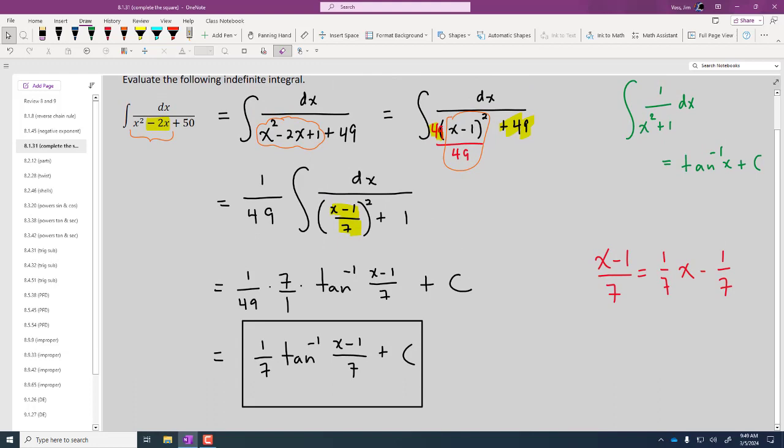Isn't the 1/7 x minus 1/7 squared though? It is, but when we do reverse chain rule, we're looking at the quantity that's inside. Okay. So it's just like, let's suppose we were looking at sine cubed of, let's make it 5x minus 3, something like that.